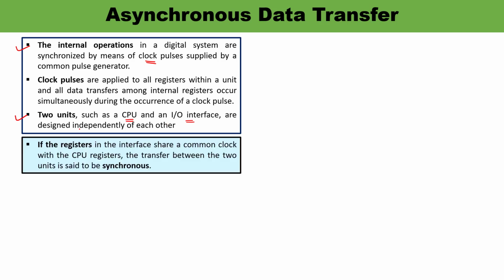But when there is an independent clock, one for the CPU register and another for the IO interface, that means there is a private clock associated with each individual unit.